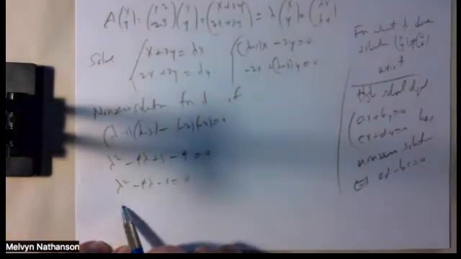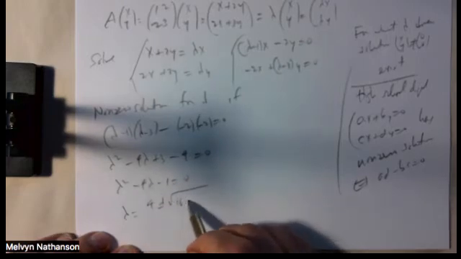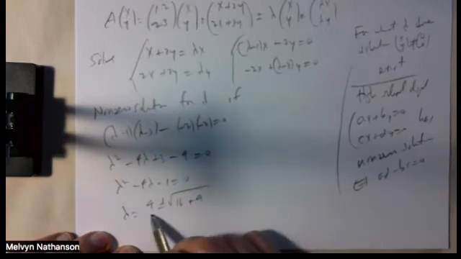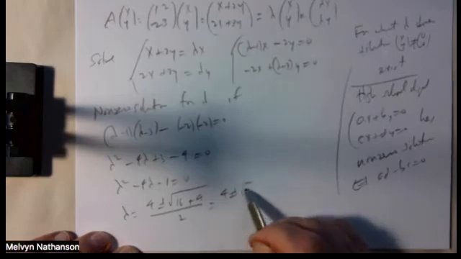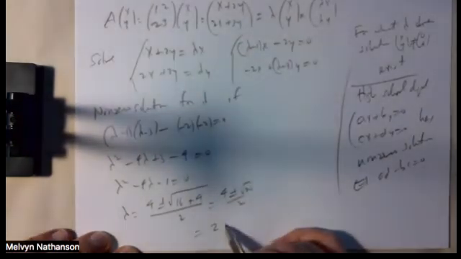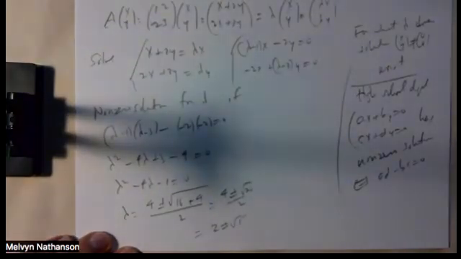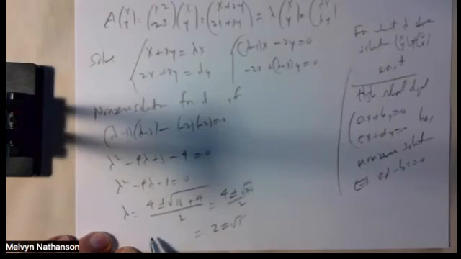So let's see. The solutions of this equation are lambda equals 4 plus or minus the square root of b squared minus 4ac, over 2. That's 4 plus or minus root 20 over 2, which is 2 plus or minus root 5. Oops, sorry, I did something wrong, so let me just double check my arithmetic here.